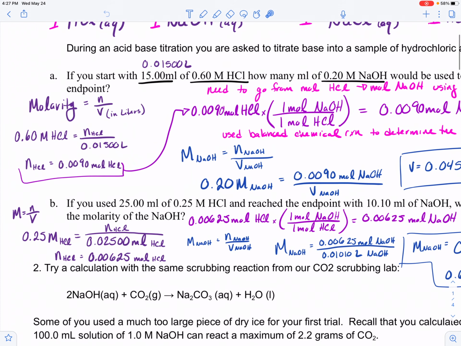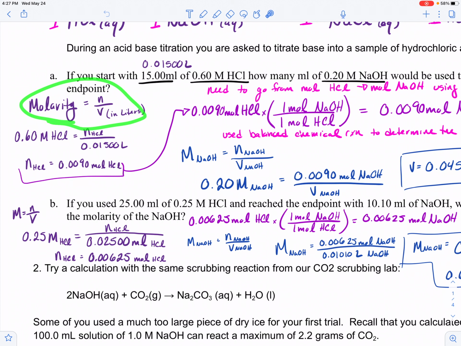So the first thing I do is write down my molarity equation. Molarity is moles per liter. I wrote volume, but that volume needs to be in liters. Then I'm given two pieces of data for hydrochloric acid. I plug in the 0.6 molar hydrochloric acid, and I know that I have 15 mL of it.